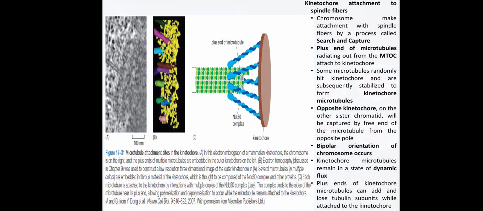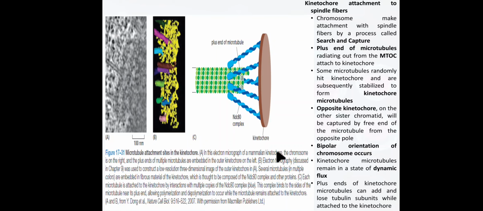Eventually the opposite kinetochore on the other sister chromatid will be captured by the free end of a microtubule from the opposite pole. This leads to bipolar orientation of the chromosome. Kinetochore microtubules remain in a state of dynamic flux. The plus ends of kinetochore microtubules can add and lose tubulin subunits while attached to the kinetochore.